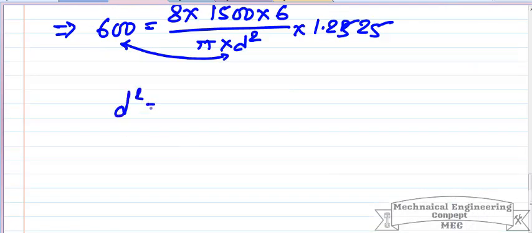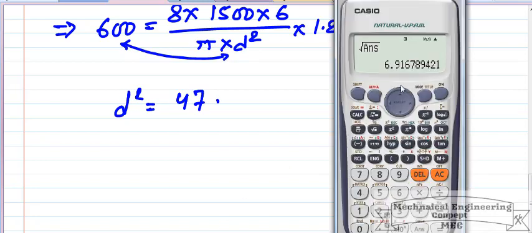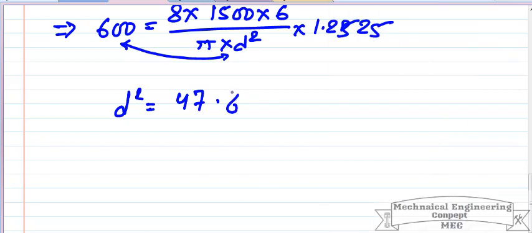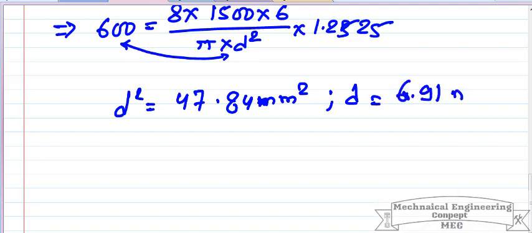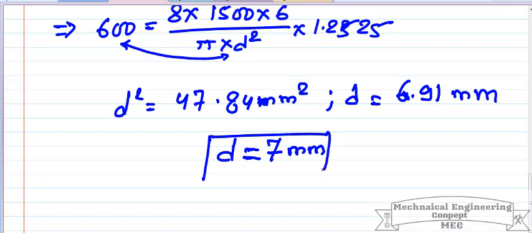Okay, D will come out as 6.91 mm, which can be written as D is approximately equal to 7 mm for calculation point of view, simplifying the calculation.